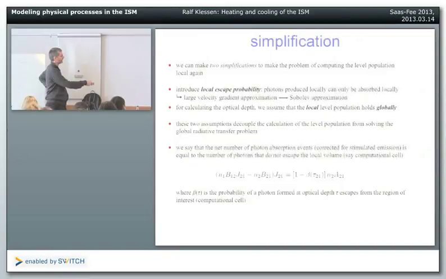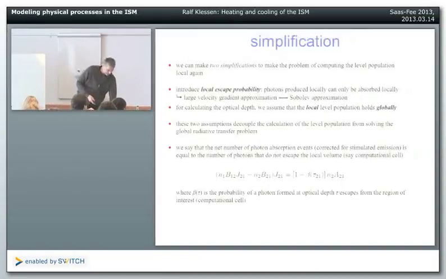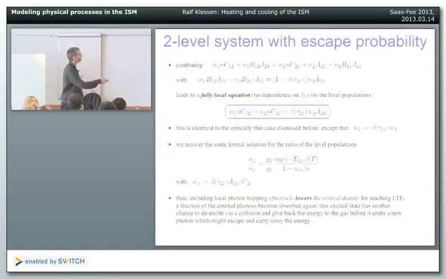That is this one. So the number of photons absorbed corrected for stimulated emission is equal to the number of photons that do not escape, 1 minus this beta parameter times the absorptions. Now we can go back to the previous equation, plug in that one, and we see that this term and this term cancel with this term in some sense.